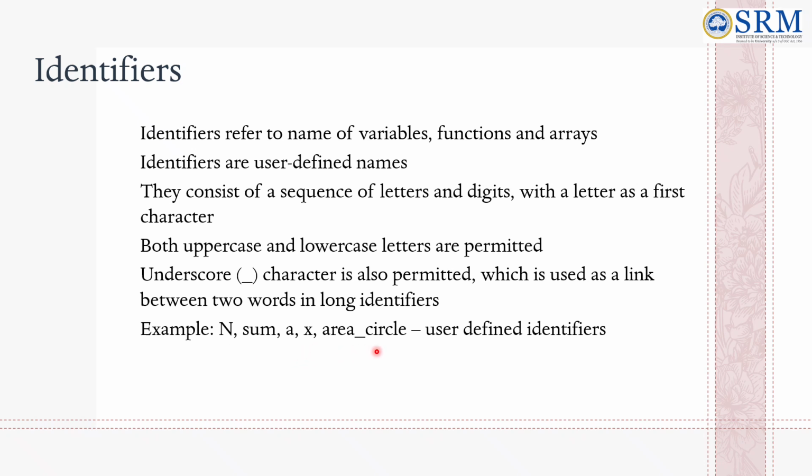And here is an identifier, area underscore circle. Here the underscore acts as a link in a long identifier. So these are examples of user-defined identifiers. Just keep in mind, identifiers should not begin with numbers or any other special characters.